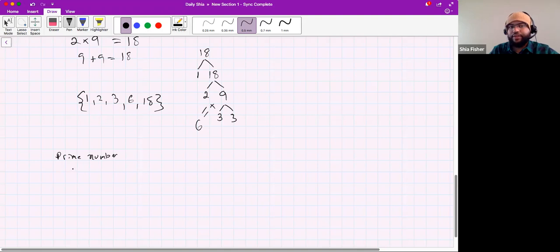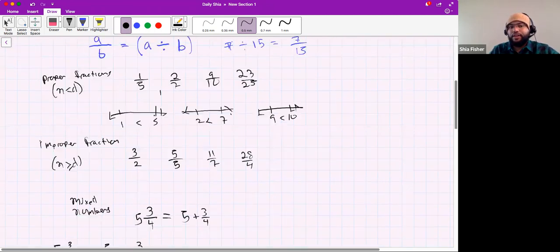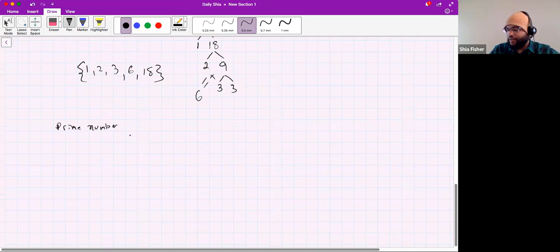Remember before we had the natural numbers and the whole numbers, and there's a sequence of things that I wrote down that go off into the sunset, meaning they just keep going forever. Prime numbers are also a sequence of numbers, but there's a specific rule.